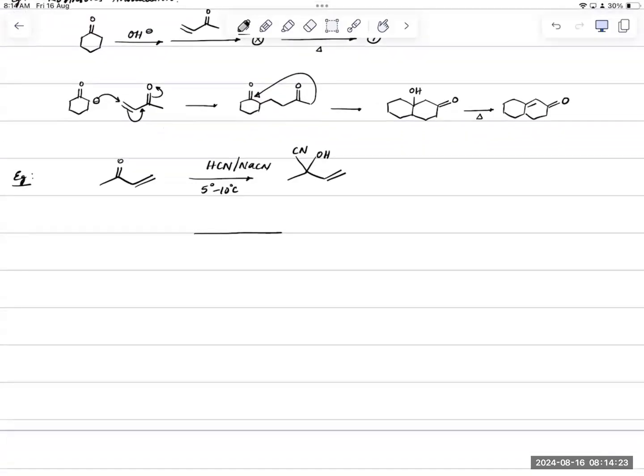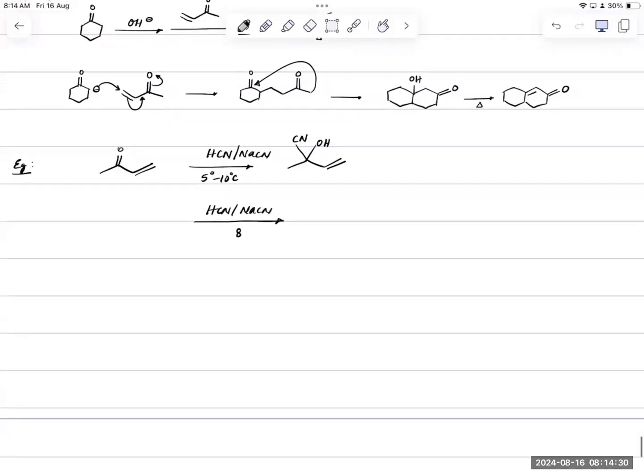But if we take the same thing, HCN in the presence of NaCN, but this time you are going to 80 degrees, in that case you will definitely do 1,4 addition. So this is 1,2 and this is 1,4 addition. So as the temperature increases, you will always go for 1,4 addition. Okay.